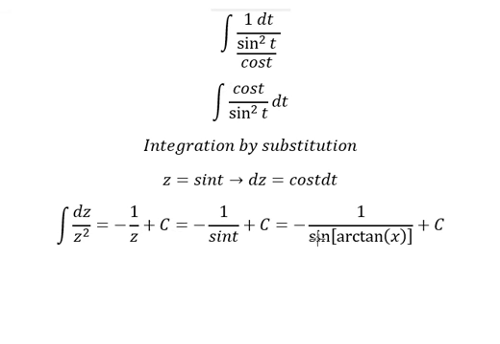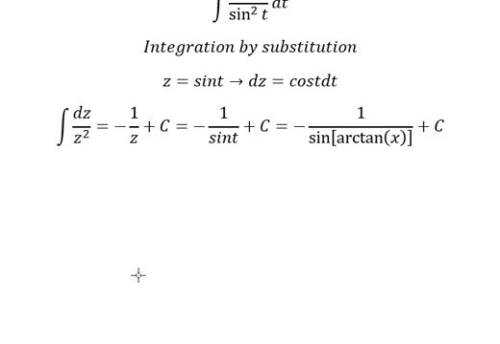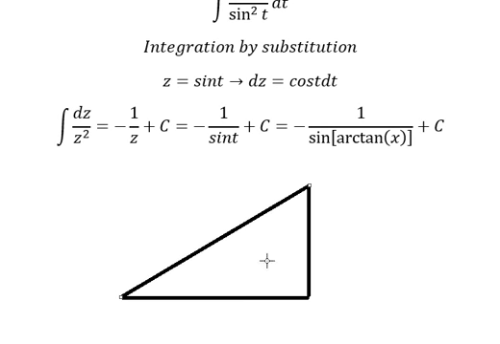Now let's consider sine of arctan of s. We need to draw a triangle in here. So I will put this one as alpha. So tan is opposite over adjacent, and opposite we have s divided by 1, that's the adjacent in here.